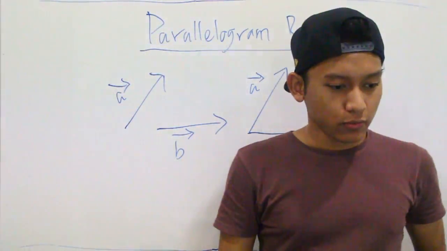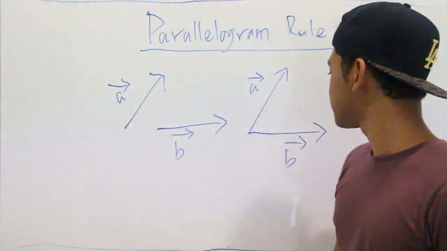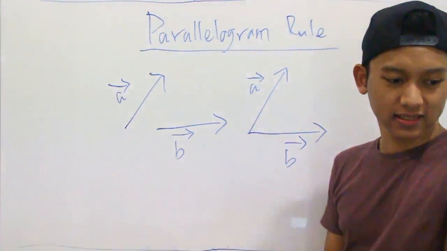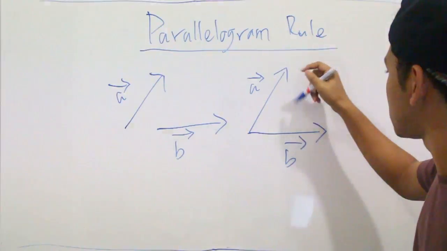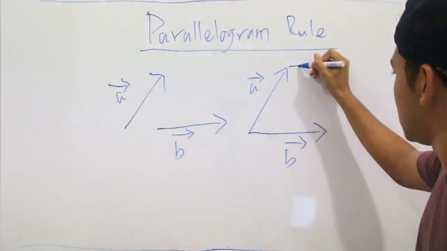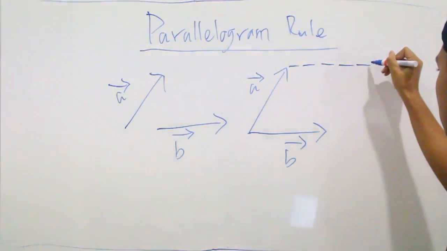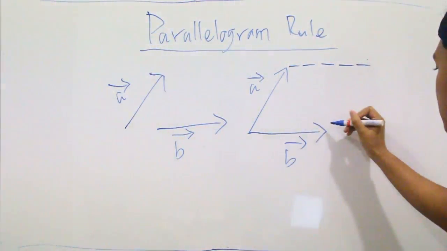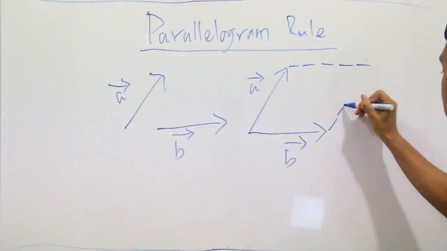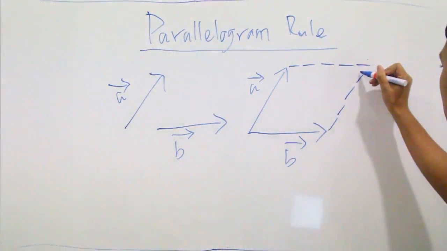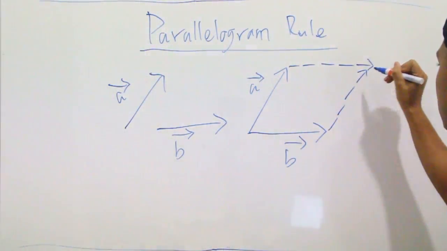Now we build a parallelogram using both of these sides. To build this one, I'll use the dotted line, and then we build a parallelogram as shown.